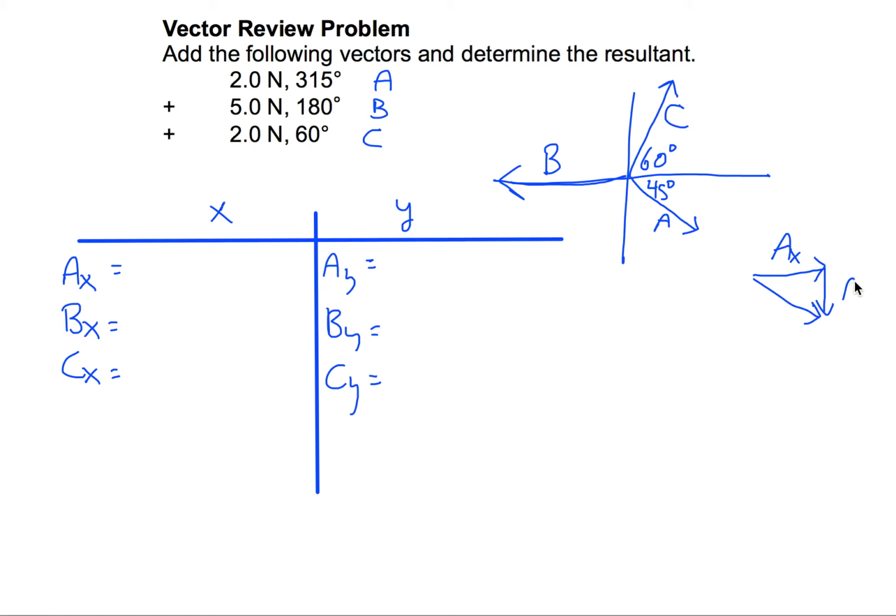Right, how do you get from here to here? You go to the right and then you go down. So the x component is adjacent to this angle here. It's touching the angle, so that always uses cosine. So AX will be A cosine. A is 2 cosine of 60.